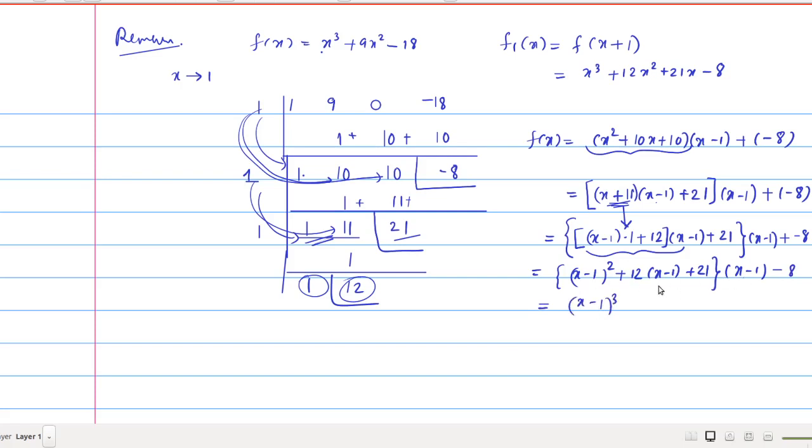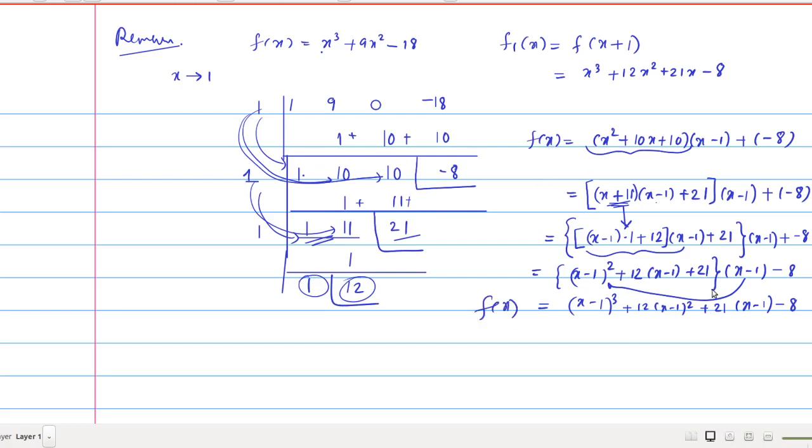When you open this bracket, then x minus 1 into this one, so x minus 1 whole cube plus 12 x minus 1 whole square plus 21 x minus 1 minus 8. Okay, so when you perform these divisions, you can write f of x in this manner.